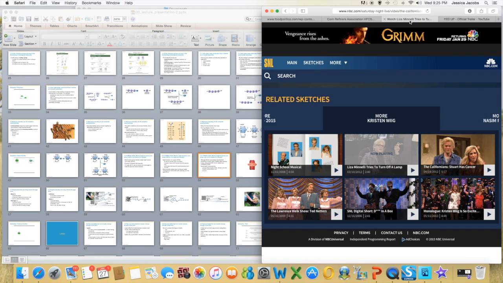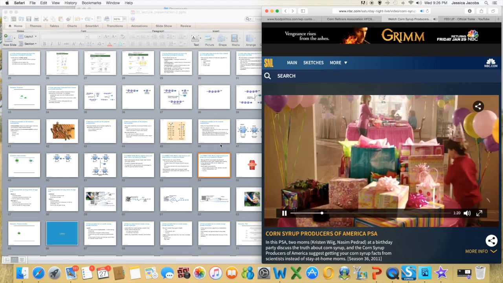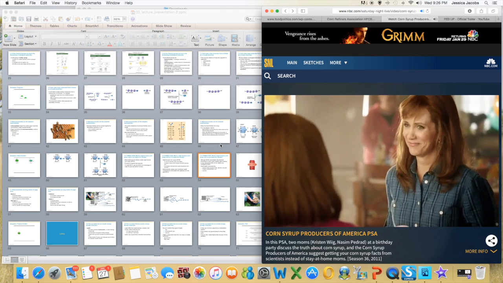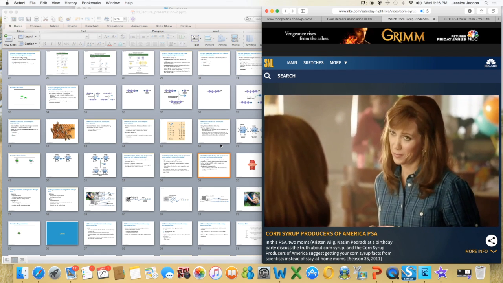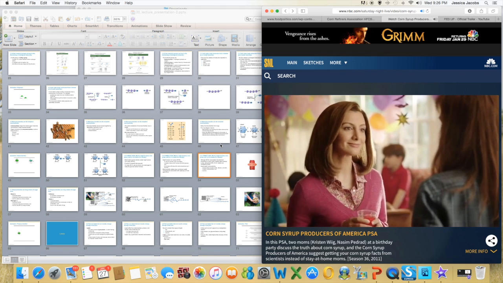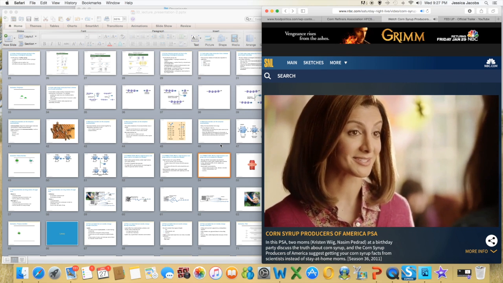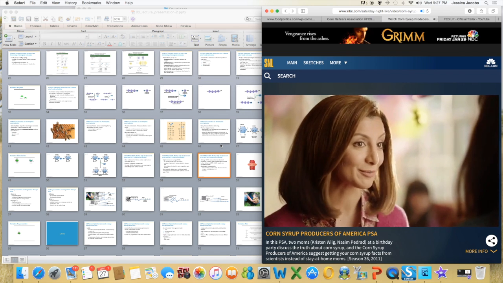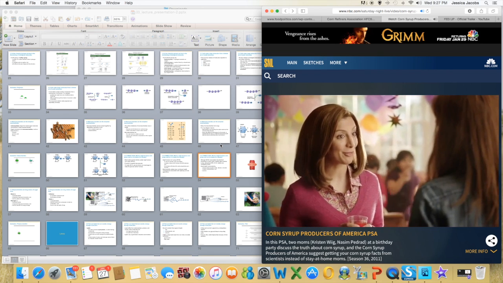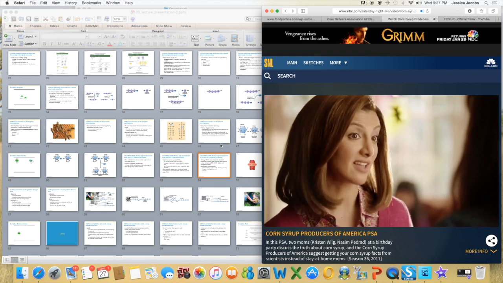Saturday Night Live did a skit too. The following is a message from the Corn Syrup Producers of America. Wow, you don't care what the kids eat, huh? Excuse me? That has high fructose corn syrup in it. And? Well, you know the things they say about high fructose corn syrup. Like what? That it's made from corn, it's natural enough, and like sugar, it's fine in moderation? I guess... You guess what? That you should have kept your mouth shut? I never... Never what? Never heard of science?